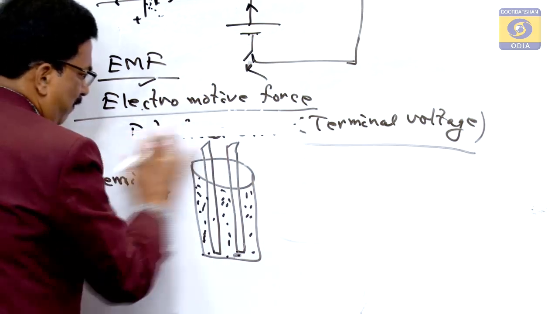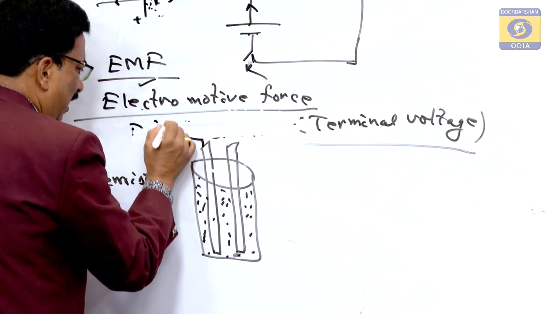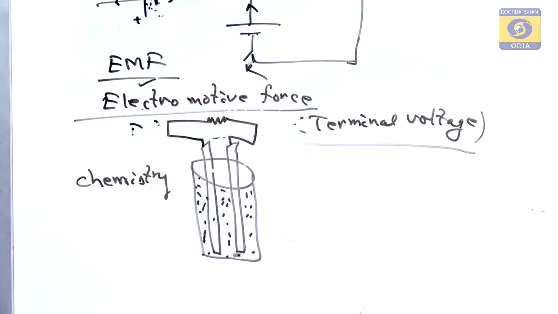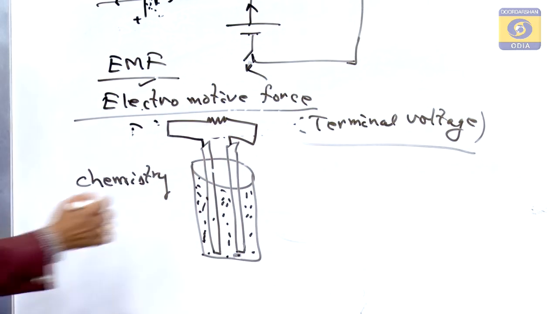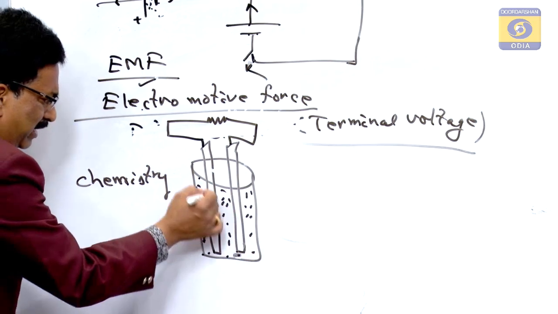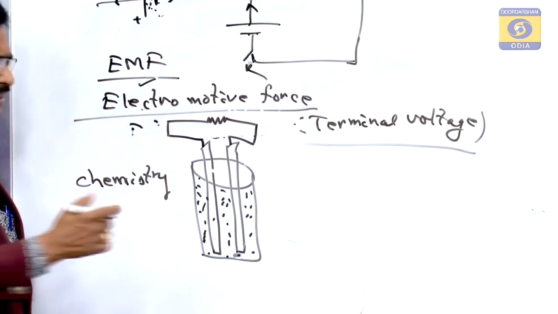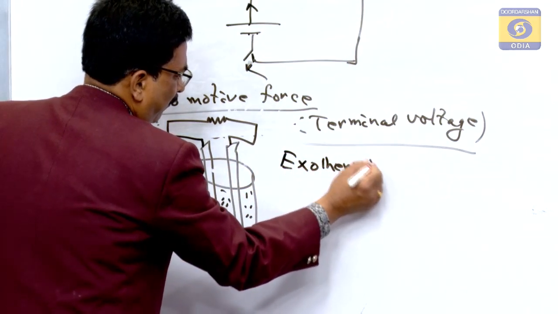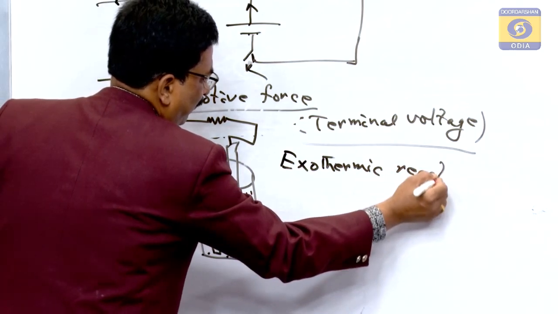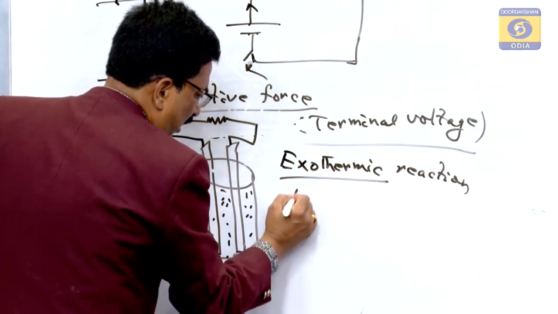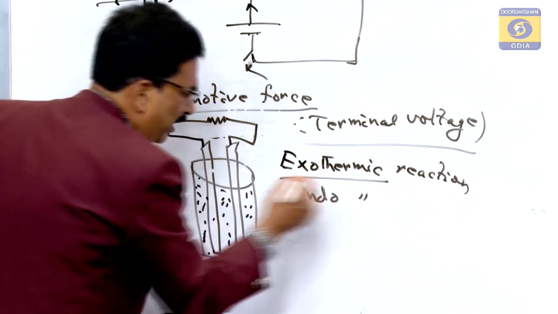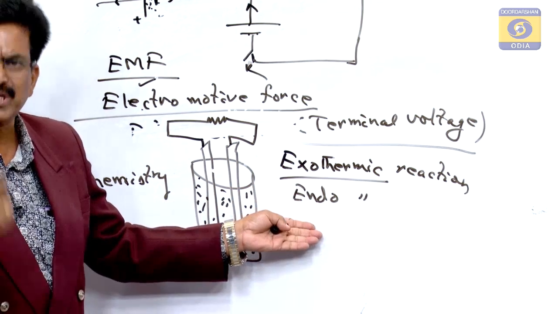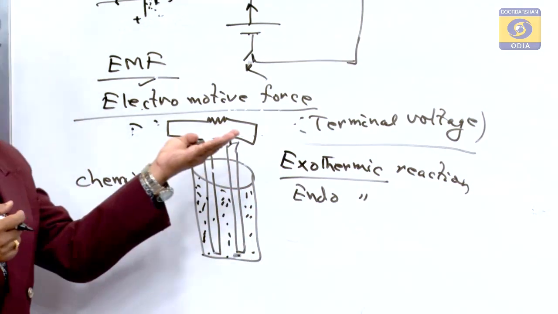And if these two ends are connected with a resistor, then due to the chemical reactions, these electrolytes will make an exothermic reaction. So one is exothermic, one is endothermic. Exothermic means which provides, endothermic means which absorbs. So it produces the exothermic reaction.